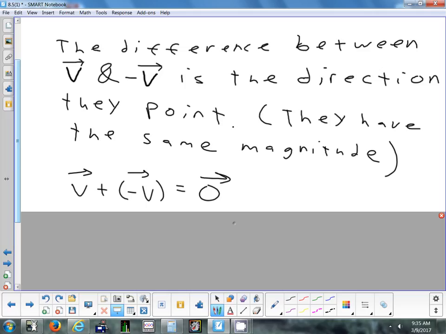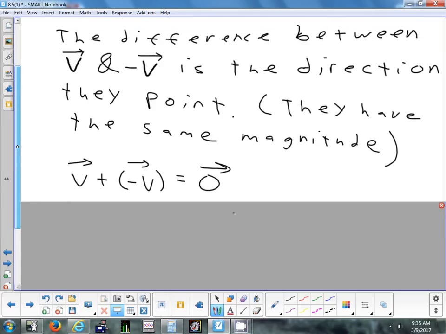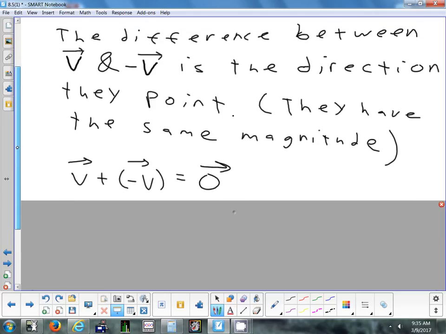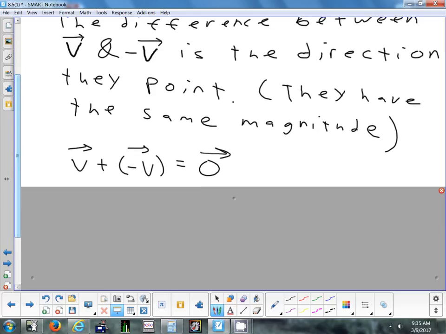That was wrong. You don't get 0 number. You get the 0 vector. That's why I added this arrow. Okay. Any questions on that idea?